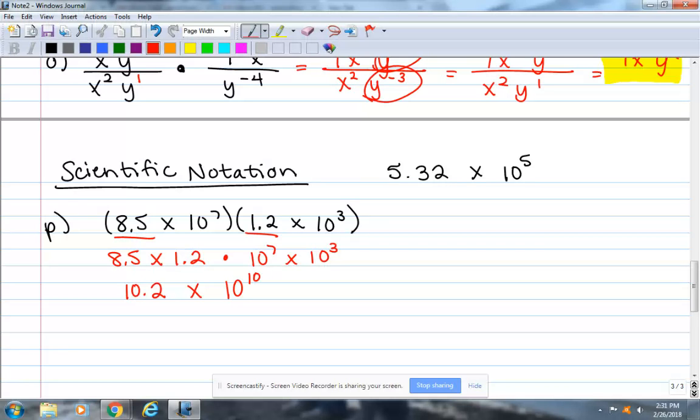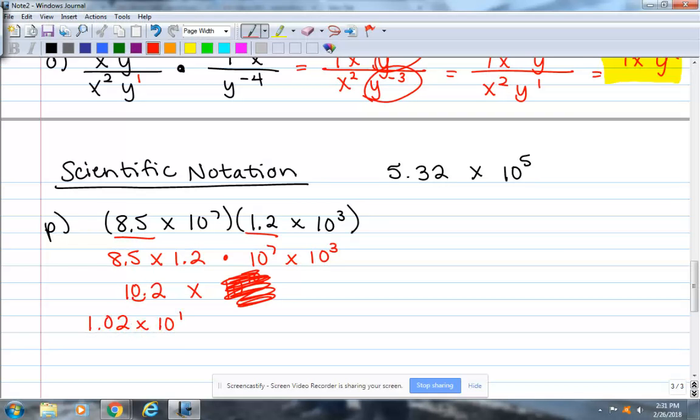So I have to change this number to scientific notation. To fix that number, I want you to ignore the 10 to the 10th for a second. Don't scribble it on your paper. I'm scribbling on my screen because I can easily unscribble it. This number in scientific notation, I moved the decimal one time. It's 1.02 times 10 to the first power, right?